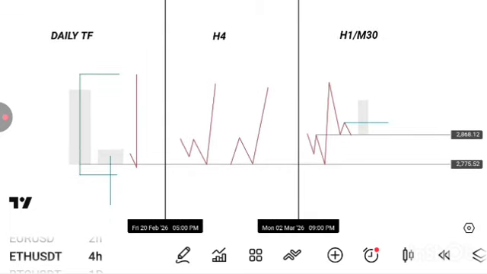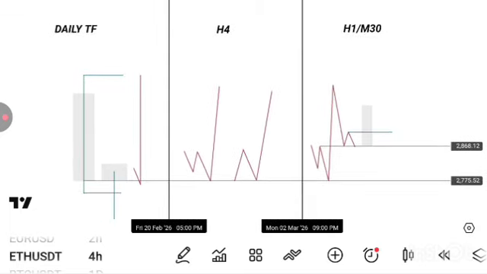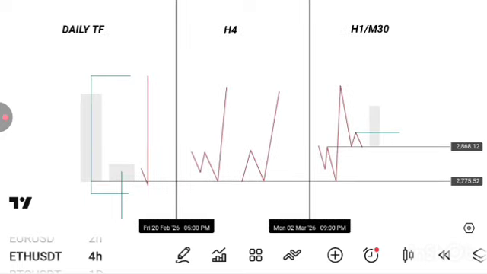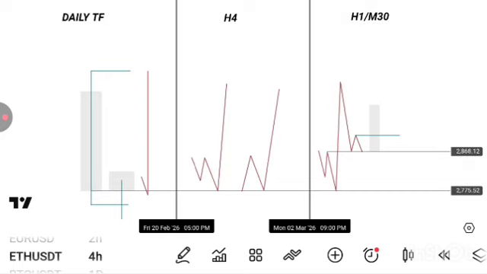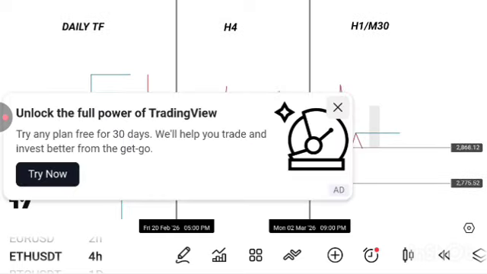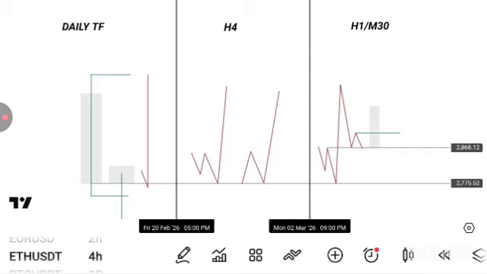I actually went down to my H4, because that is what I am looking for. Whenever you see something like this on the daily time frame, you move to the H4 time frame, because the H4 time frame is the one that is going to confirm your daily bias, right? If you are building bias from the monthly time frame, your daily time frame confirms your monthly.